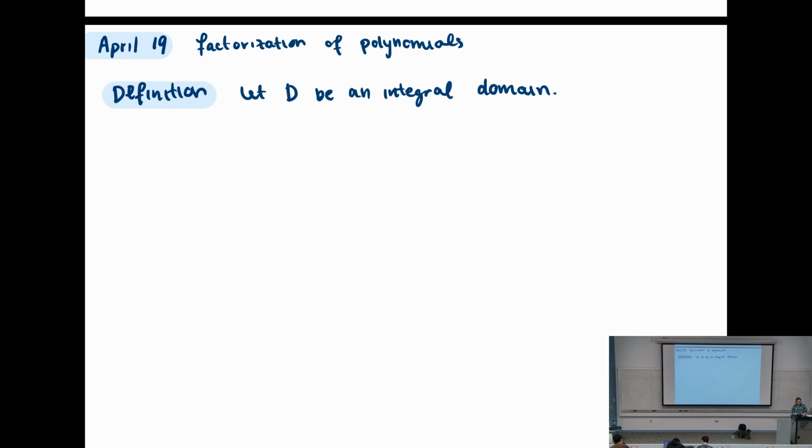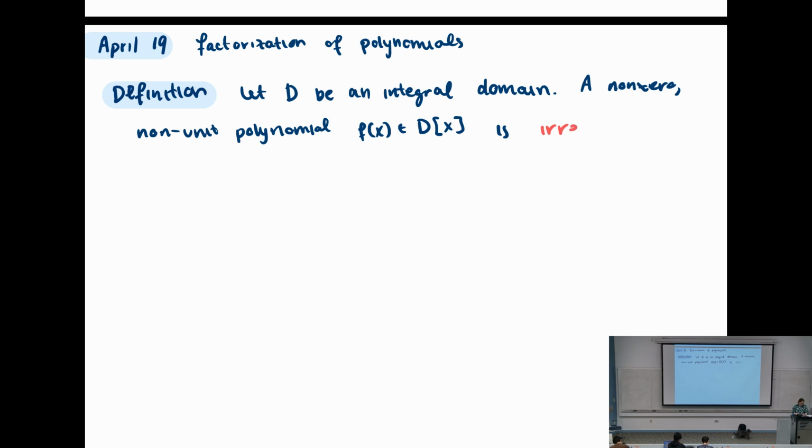Then we'll take a non-zero, non-unit polynomial f of x from the ring of polynomials with coefficients in D with variable x. So we'll say f is irreducible over D. We'll see why the coefficients matter.